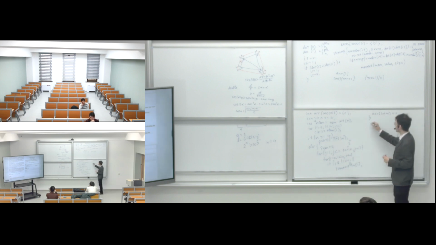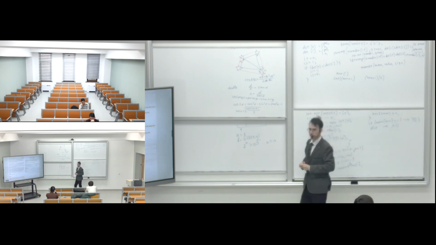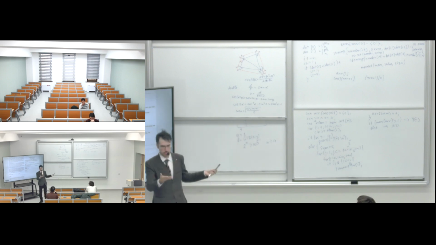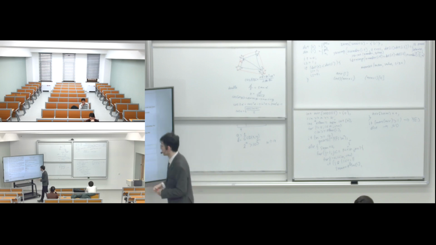Let's write it like: if the maximum of the array is bigger than 1, then yes. Otherwise, else, no. We don't need to find the maximum, but I'm writing it like that: if the maximum is bigger, then you have one element that is bigger.